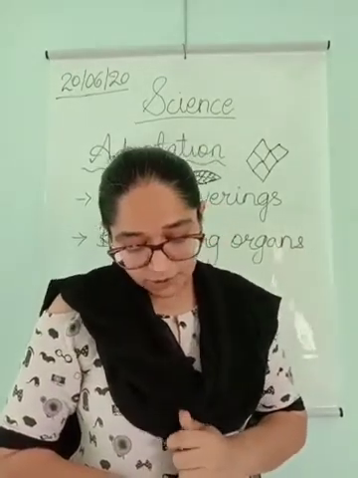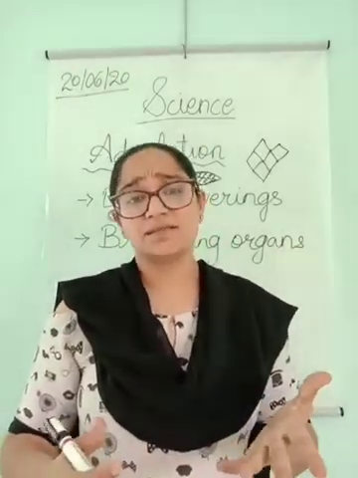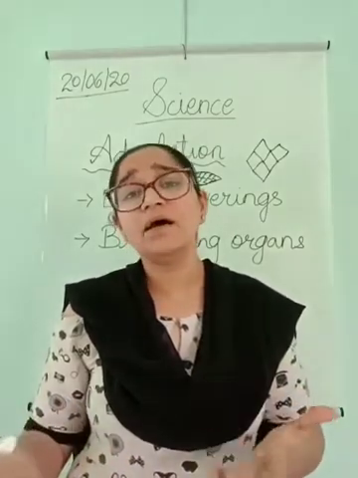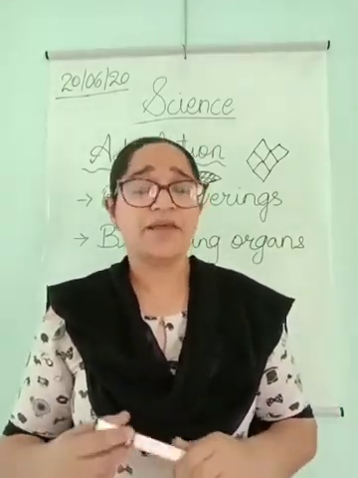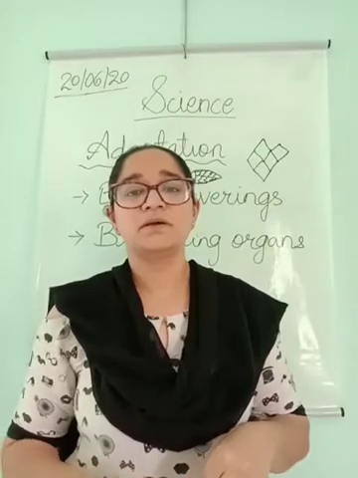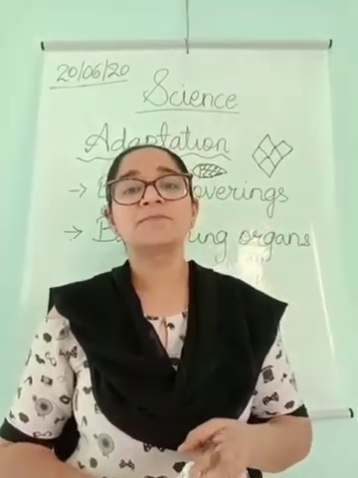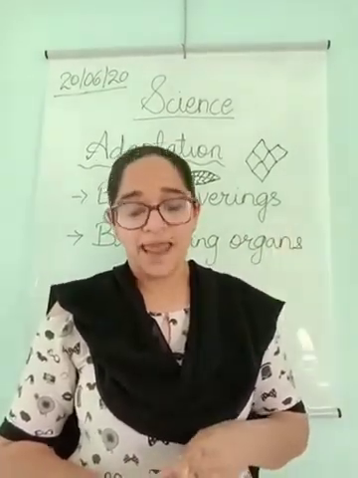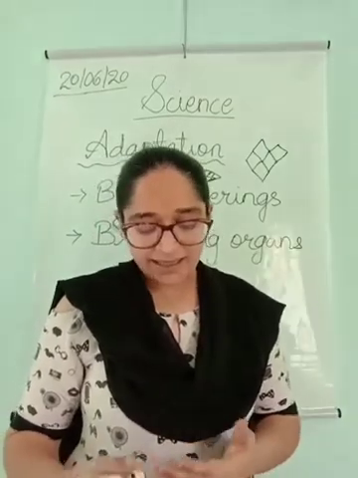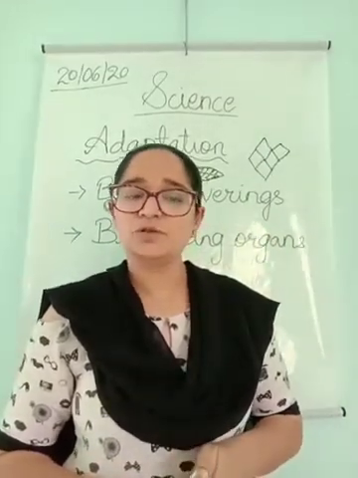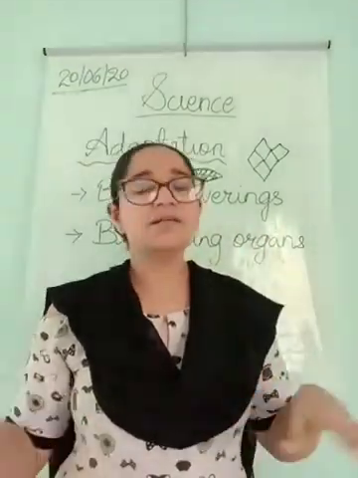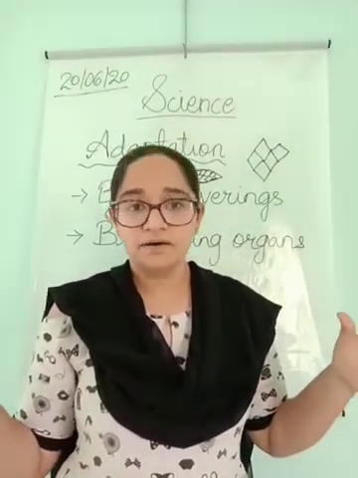Then we move on to feathers. Now feathers are mostly in the birds. So these feathers are of three types. They are body feathers, flight feathers and down feathers. Now what are these three types of feathers useful for? The flight feathers are useful for wings.